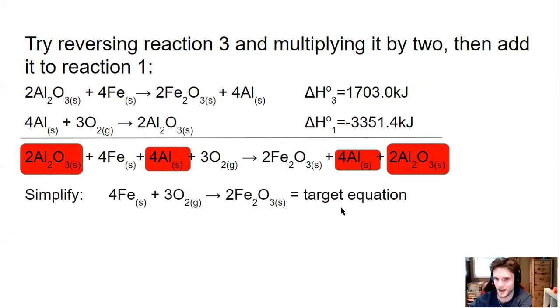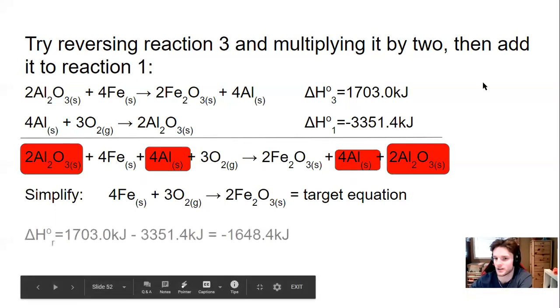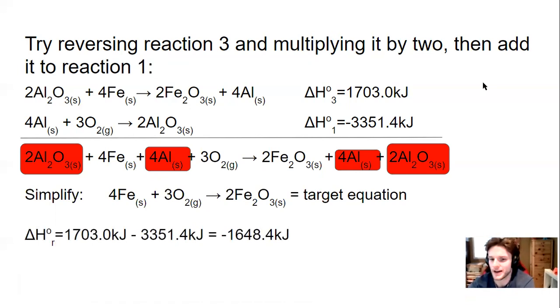We can simplify that and we get our target equation for rust. Because we added these 2 reactions, we need to add the delta H's to find our target enthalpy of formation. So we add those up.